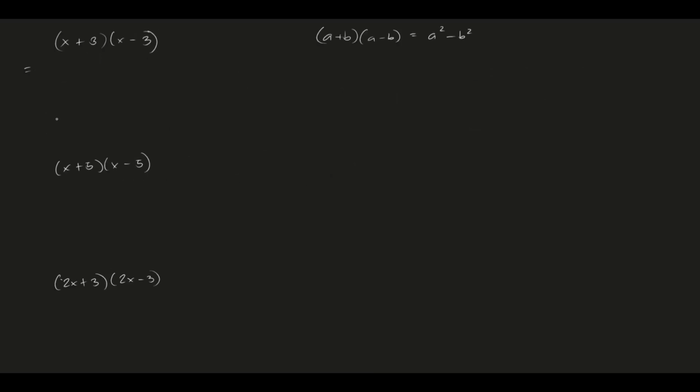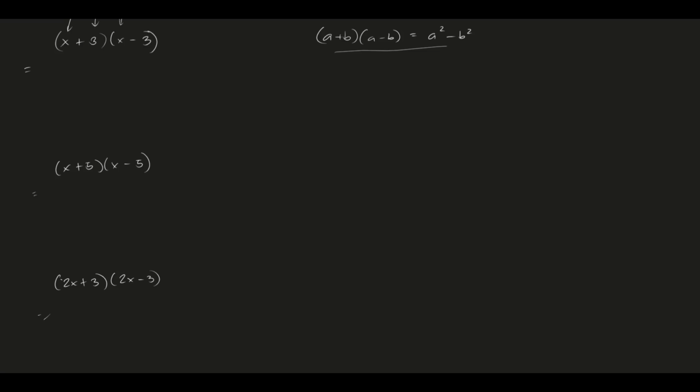So we have 3 examples here in which we will use this formula, the quantity of a plus b multiplied to the quantity of a minus b, in which the expanded form is equals to a squared minus b squared. So we must first identify what is our a and what is our b. So our a here is x, our b here is 3.